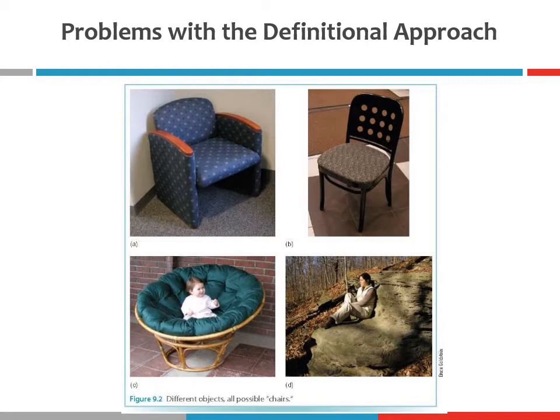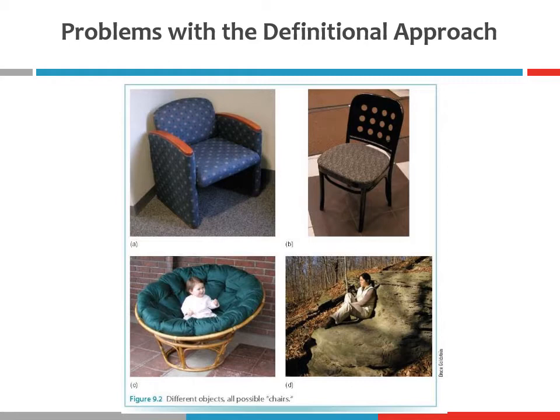So, for example, if we looked on Webster.com, the definition of a chair is a piece of furniture consisting of a seat, legs, back, and often arms designed to accommodate one person. Right? So that sounds like, at first blush, maybe a reasonable definition of what a chair is, but there are objects which we would refer to as chairs that don't necessarily meet that definition.